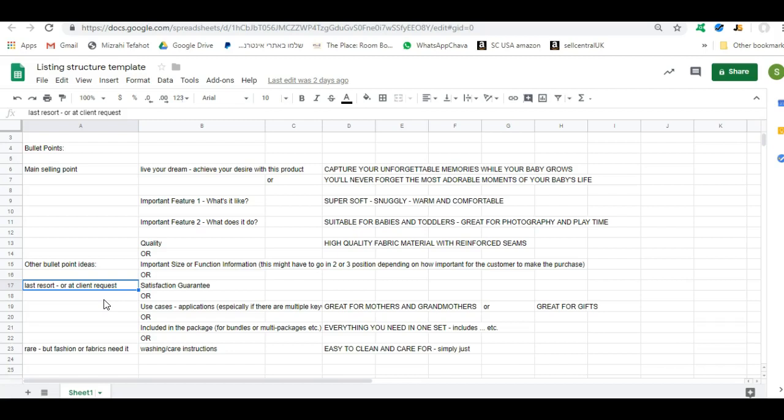Another possibility for a bullet is use cases. It's great, for example, with this blanket. I put already suitable for babies and toddlers, but maybe this blanket could also be used as a swaddle. It could be used as a, I don't know, a stroller padding, a blanket. I don't know, other uses.